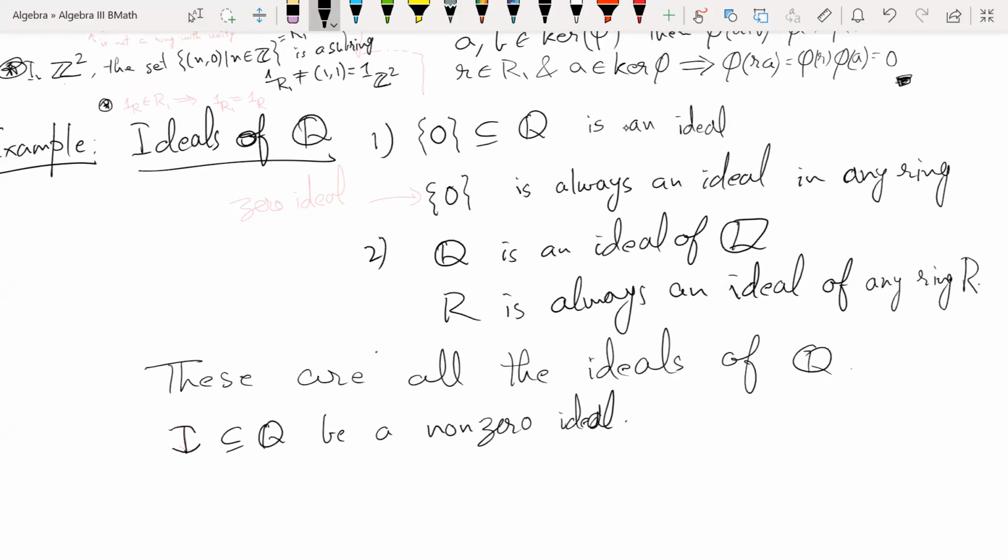So what does that mean? This means there exists A not equal to 0 such that A belongs to I. So A is a rational number in Q. And of course I already have I contained in Q, and I want to show I is equal to Q.